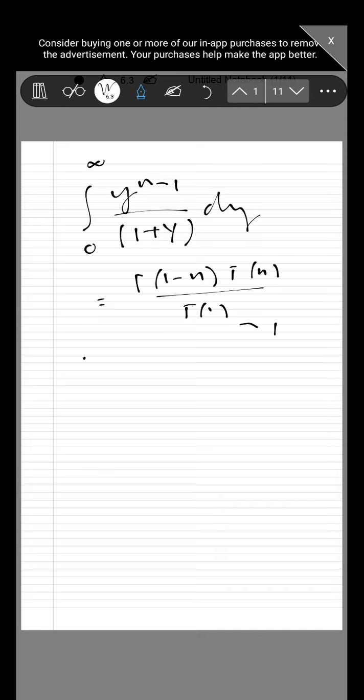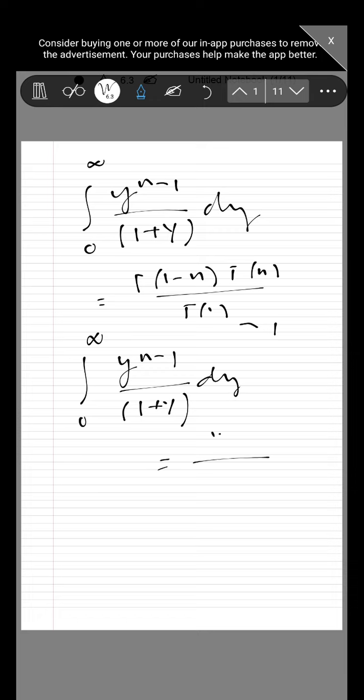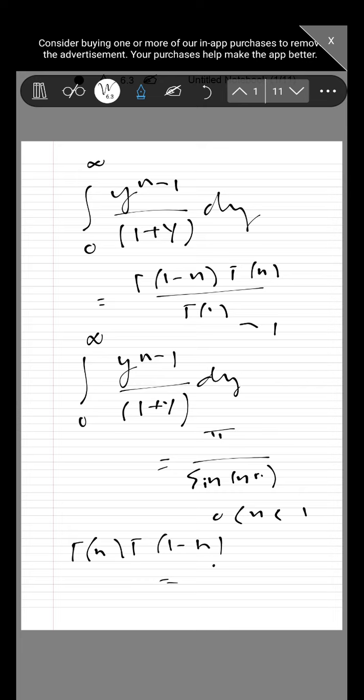So this is equal to π divided by sin(nπ), where 0 is between n and 1. This is the first relationship, so Γ(n)Γ(1-n) is equal to π / sin(nπ). This is the first condition that has to be proved.